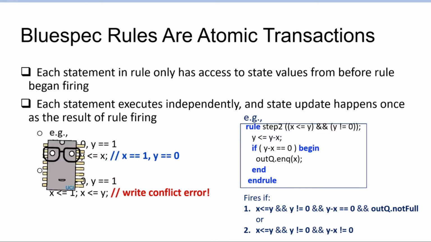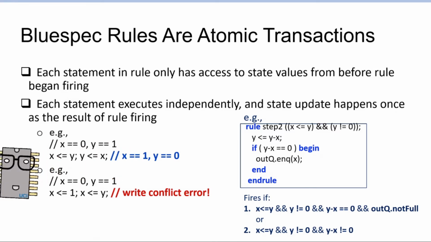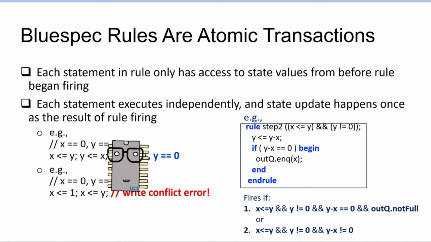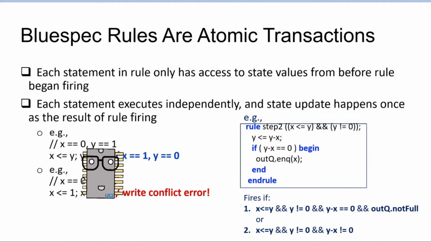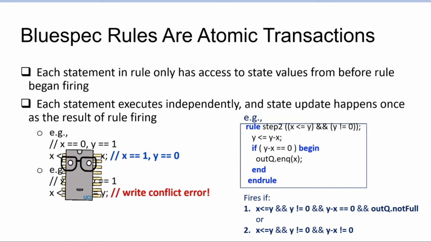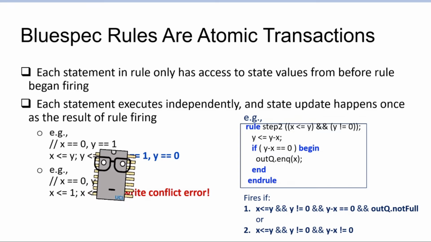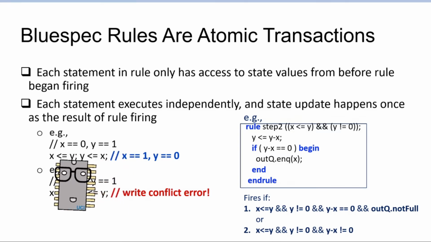It means that if we implement X equals Y, set X to the value of Y, and set Y to the value of X, and we implemented these two lines in a software language, you would execute this line and then this line. So if X equals 0 at the beginning of time and Y equals 1, after this statement executes, X will be 1 and Y is still 1.